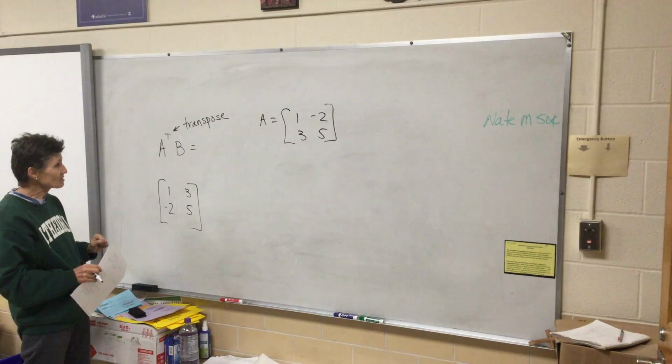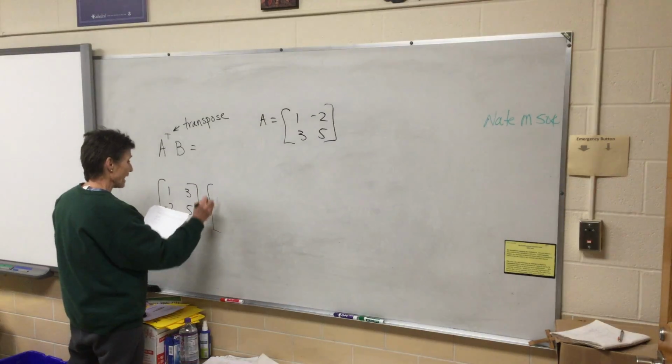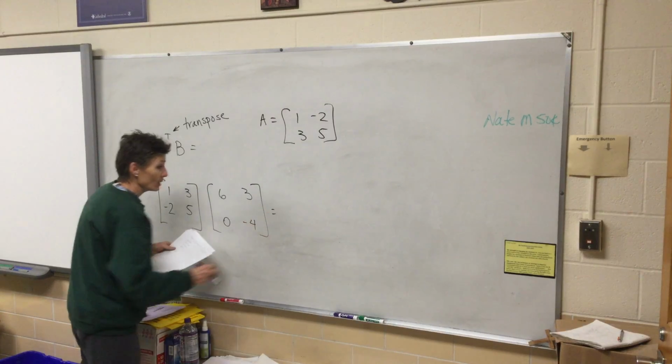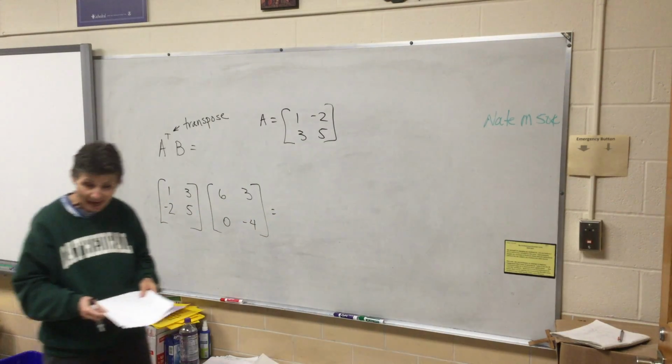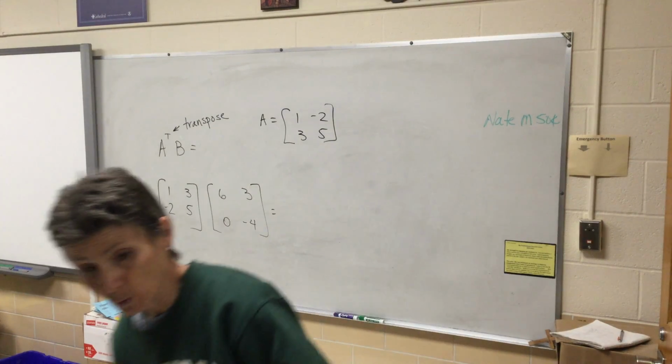So that's a transpose, and we're supposed to multiply that times B. Now, can we even do that? Is this a multipliable situation?